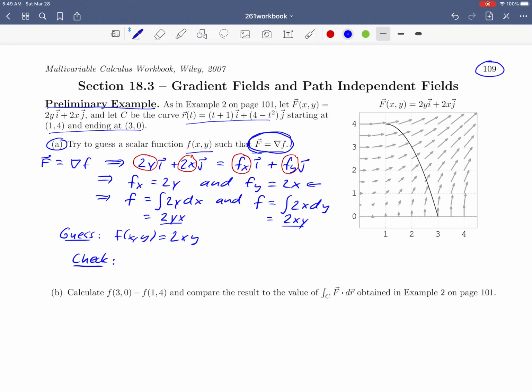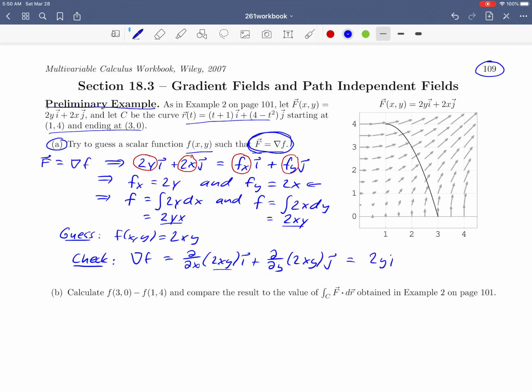Okay, so the problem asked us to find a scalar function so that our vector field is equal to the gradient of f. Let's take the gradient and just confirm that that's equal to our vector field. So that would be the derivative with respect to x of our function i plus the derivative with respect to y of our function j.